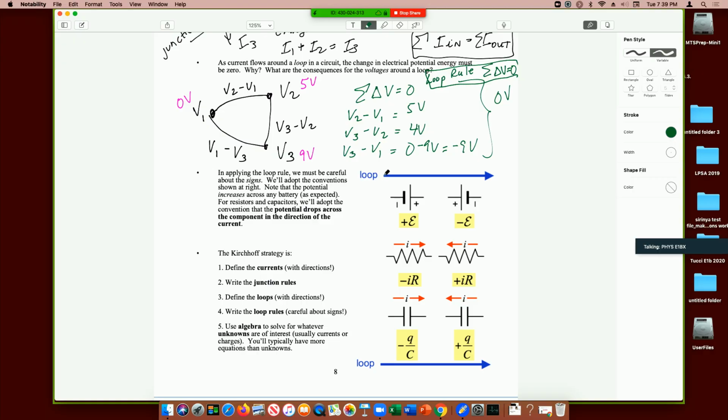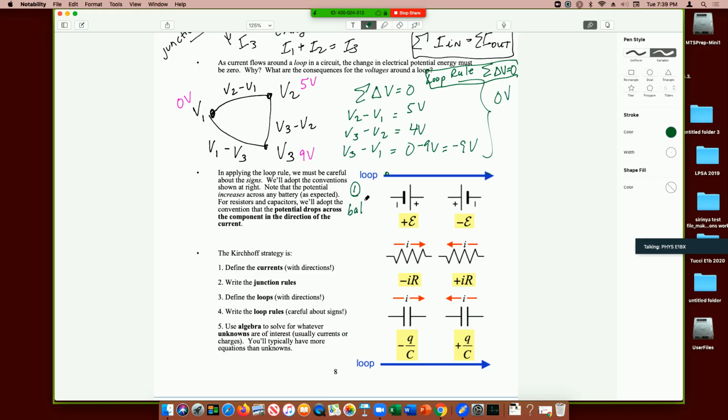I decide which direction the loop is going to go, and you'll see an example in a second. I literally draw a picture of a loop in my circuit. Going through the circuit, there are three things. The first is the battery.